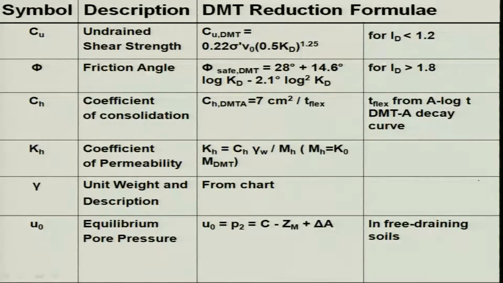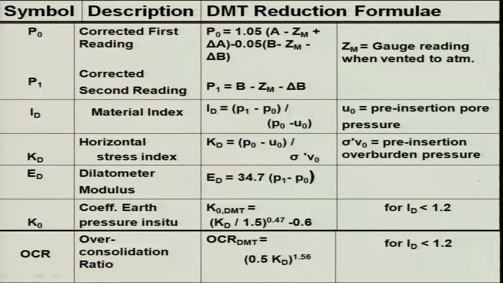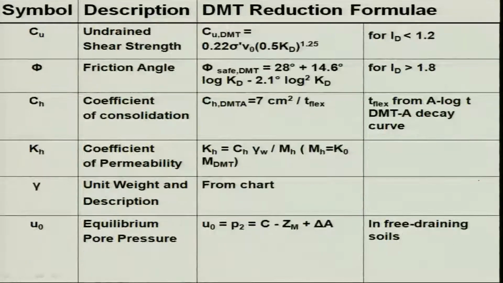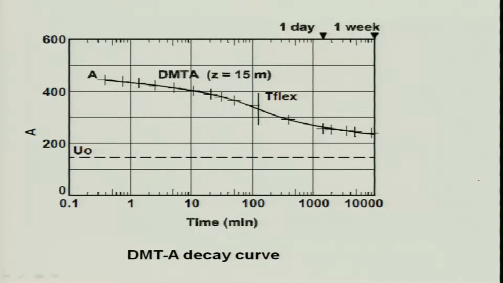You see what parameters you are supposed to get: K0, over consolidated ratio, Cu undrained cohesion, phi friction angle, Ch coefficient of consolidation, Kh coefficient of permeability, gamma is equal to unit weight, U0 pore water pressure. All parameters you are supposed to get.